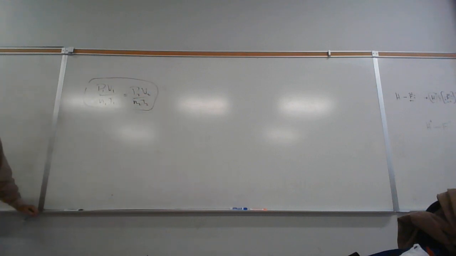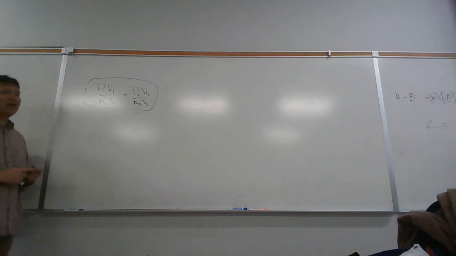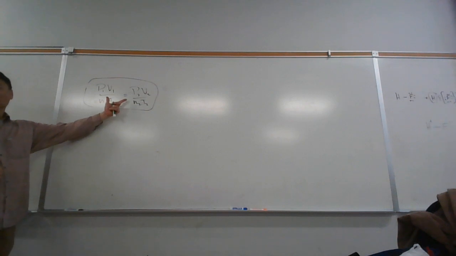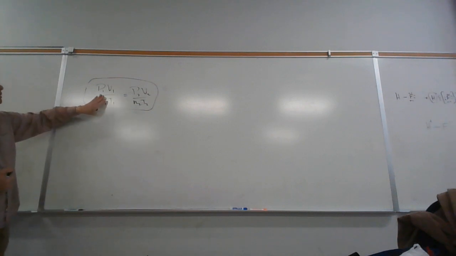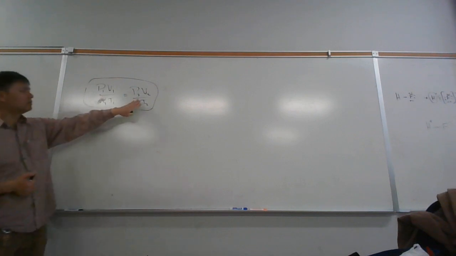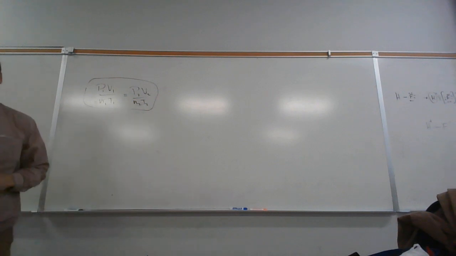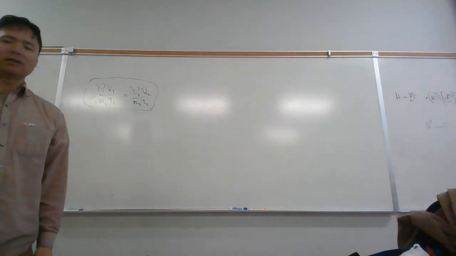Most of the combined gas law problems are fairly straightforward. The only thing is, in Chem 4, the number of moles never changed, right? And so in Chem 4, it was P1V1 over T1 is equal to P2V2 over T2. You remember that? In Chem 1A, sometimes some gas leaks out of the container.